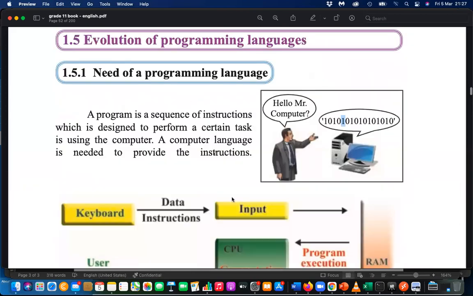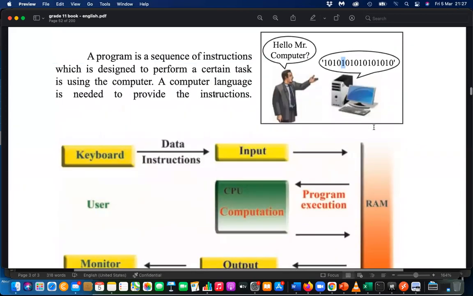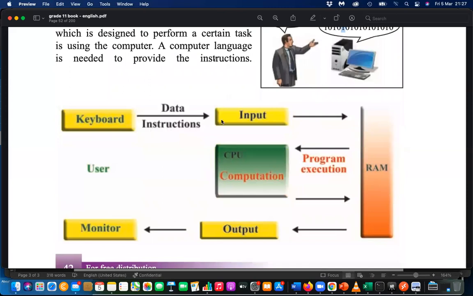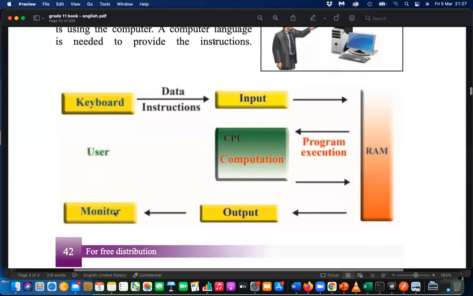So machine language is represented using binaries, and however you feed instructions to the computer through input devices, they go to the main memory. Main memory sends it to the CPU for understanding. CPU will execute that and give you the result through the main memory as output, which will be displayed on the monitor. So this is the entire process.